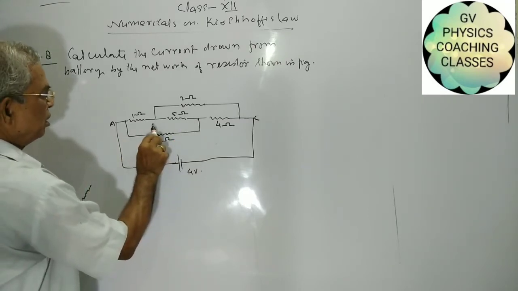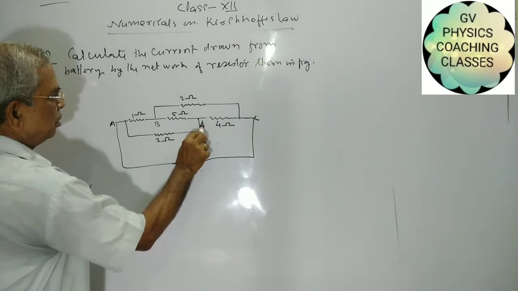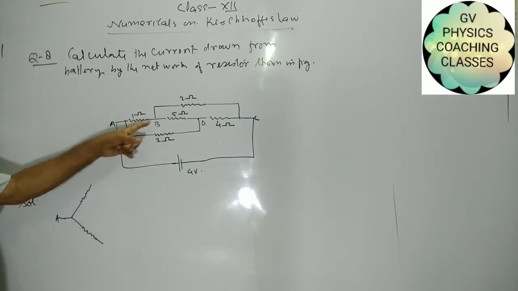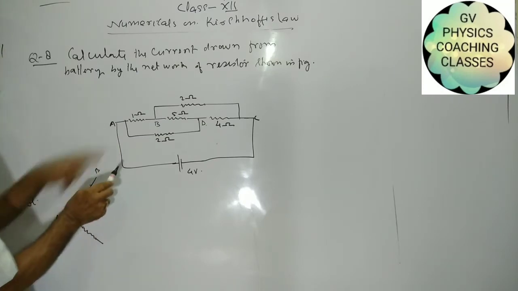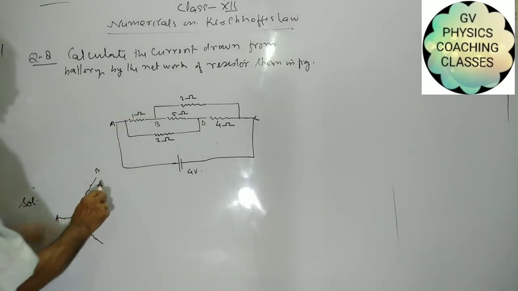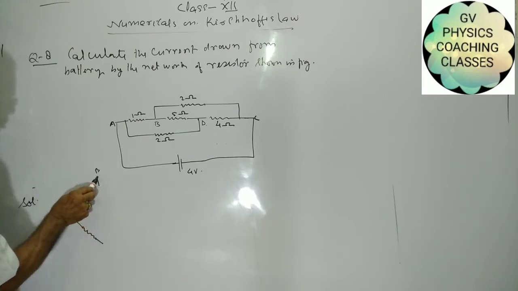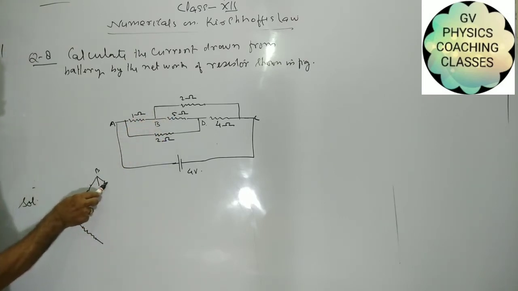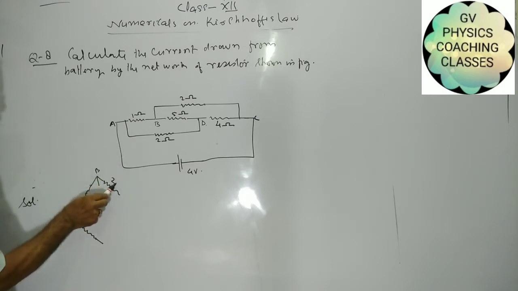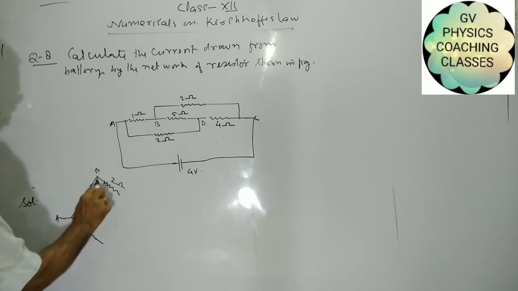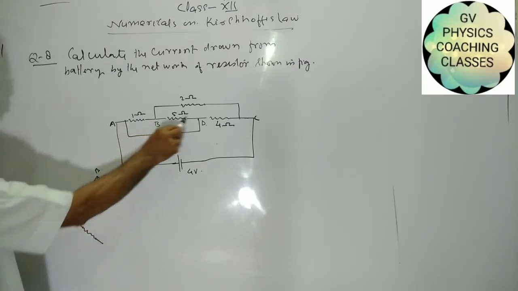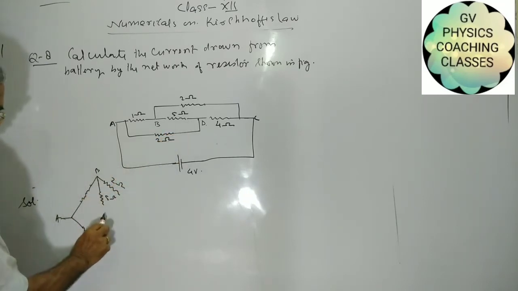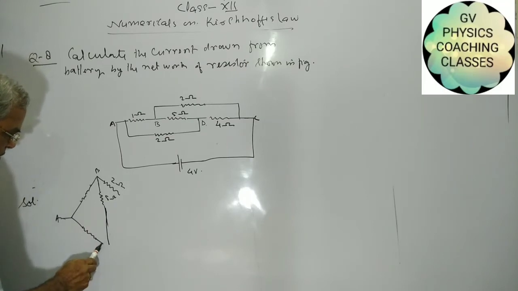This is point B and this is point D. So at B there are two: one goes this way and the other goes this way. This is 2 ohm and this is 5 ohm. They meet at point D.